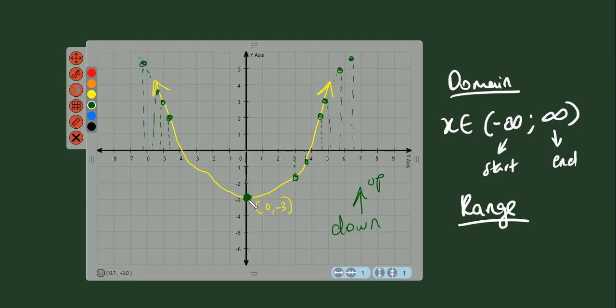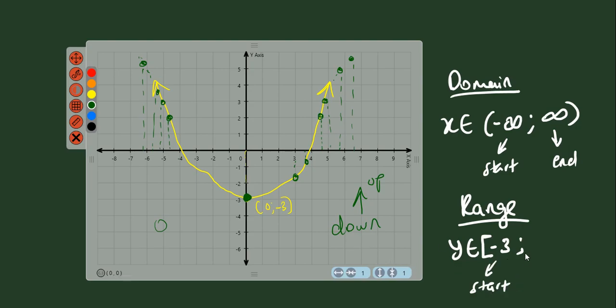On our first point here, y is an element. What is the first y value that we have? It's negative 3. So our y values start at negative 3. And is there a hole? No. Is there a vertical asymptote? No. Horizontal asymptote? No. Infinity there? No. So we use a square bracket.